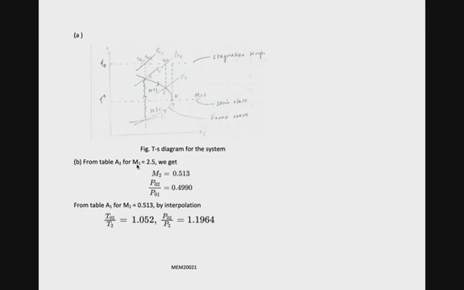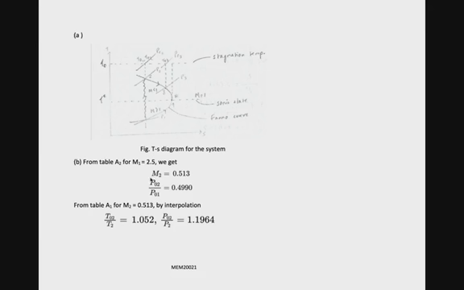So for M1 equal to 2.5, we get M2 equal to 0.513, followed by the stagnation pressure ratio of point 2 to point 1, which is equal to 0.49990.